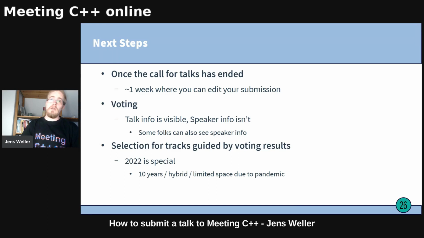In the voting, the talk info is visible and the speaker info isn't. So it's kind of anonymous, and how anonymous you want your review to be is up to you. There are some people who want to give a talk about their library, everyone knows who they are, and it would be pointless to try to anonymously have people talk about this. We're a small community.